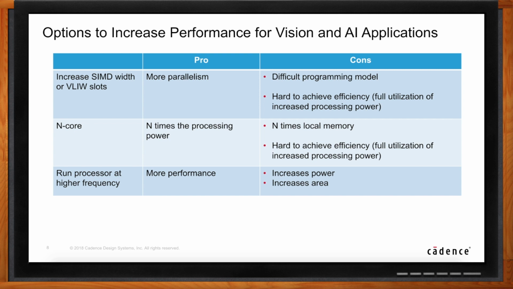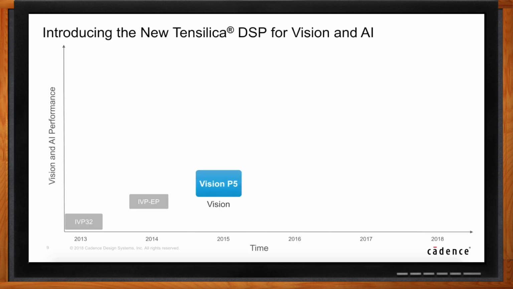So we've talked in previous Chalk Talks about Tensilica processors P5 and P6, I think. Where are we now in the evolution of this line? Tensilica has been in the Vision DSP market. We actually introduced our first Vision DSP in 2013, IVP32, and every year since then we've been introducing a Vision DSP.